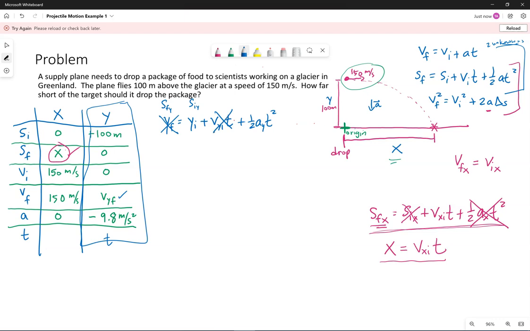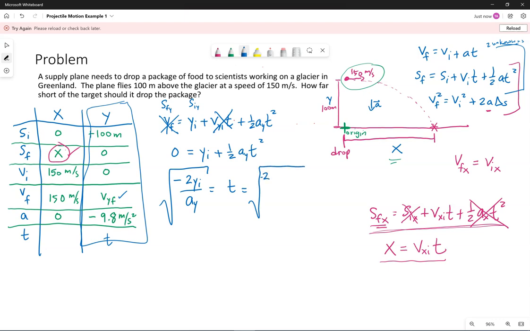We know there's no initial y velocity because the package of food is traveling horizontally initially. So right now, the equation has simplified. Let's go ahead and bring y initial over. I'm also going to multiply by the 2 and divide by a. This will equal t squared, which I then will take the square root of both sides.